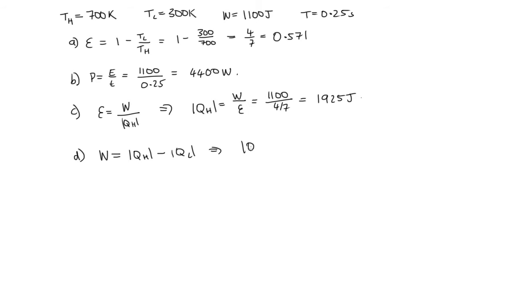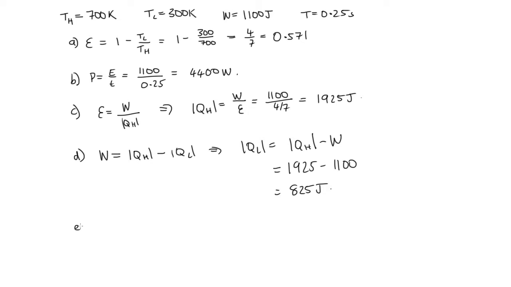So we can rearrange this and write QL is equal to QH minus W, and so this is equal to 1,925 minus 1,100, and so this is equal to 825 joules.